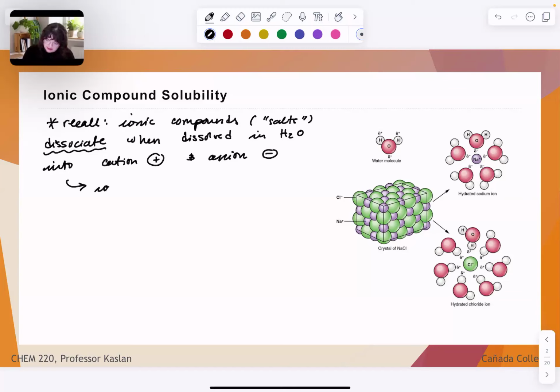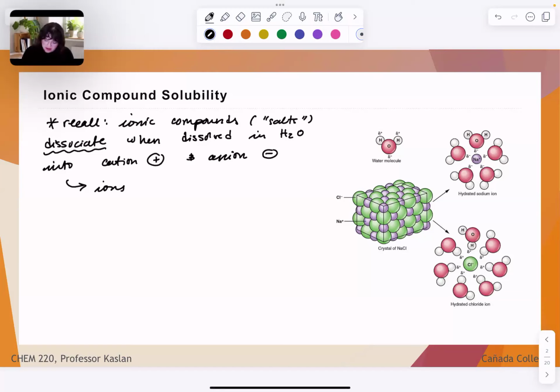And these ions are able to exist as ions in solution because there are intermolecular forces between the dipoles of the water molecules and these ionic charges on the ions themselves.